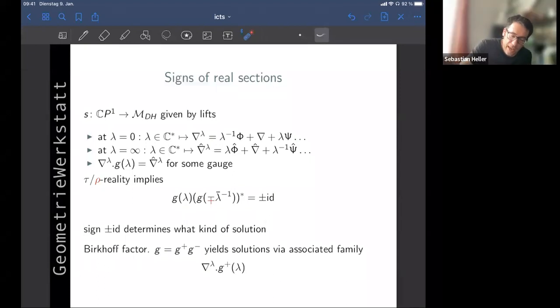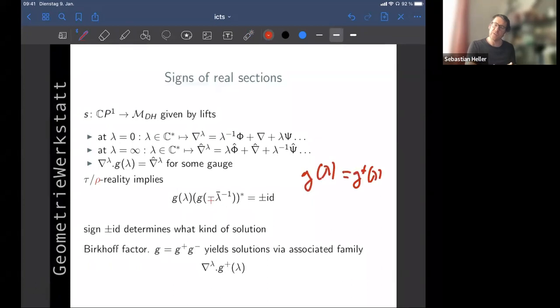So you have that G of lambda depends holomorphically on lambda, but of course it's not well defined at lambda 0 and it's not well defined at lambda infinity. So what you do is you want to factor that into a plus part, a holomorphic family of gauge transformations which extends holomorphically to lambda 0, times a holomorphic family of gauge transformations which extends holomorphically to infinity.